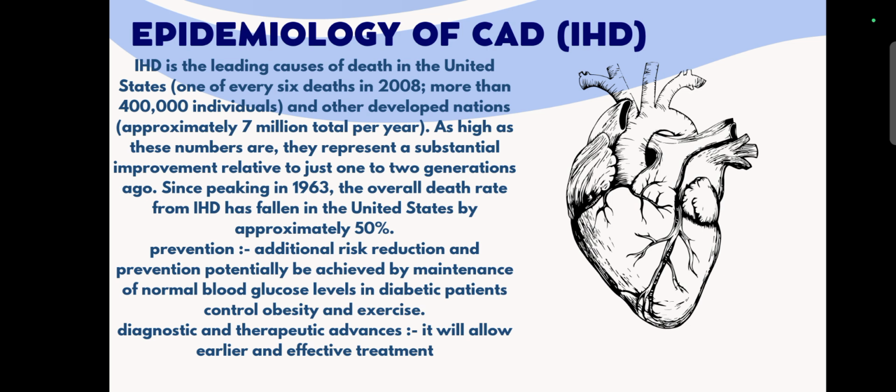Additionally, risk reduction and prevention can potentially be achieved by maintenance of normal blood glucose level in diabetic patients. Because a diabetic patient suffering from angina may not show the symptoms of angina, that is the chest pain or profuse sweating, because diabetes masks that reaction. Diagnostic and therapeutic advances also help to diagnose heart disease and also treat it.